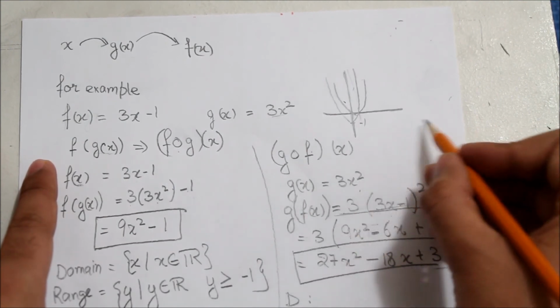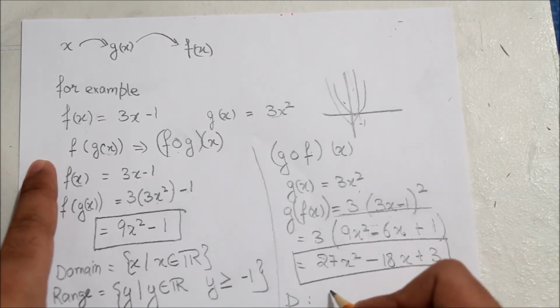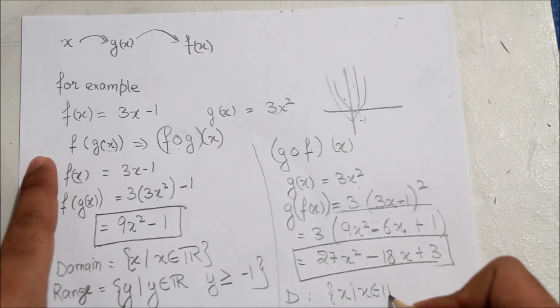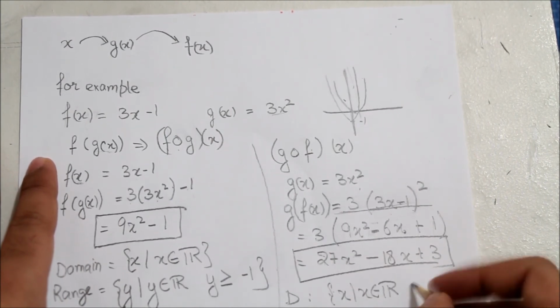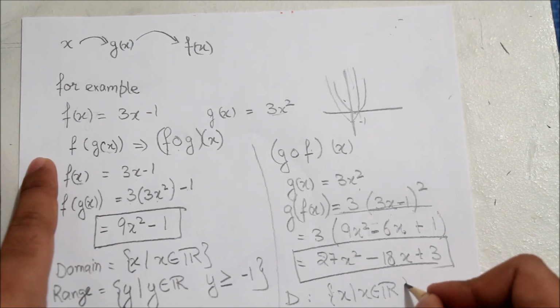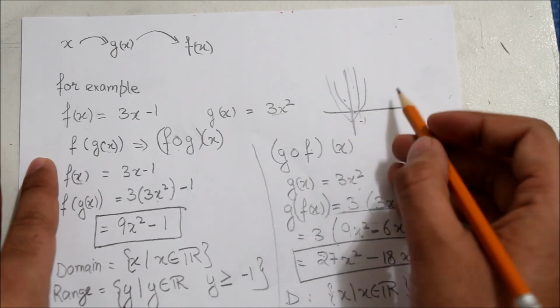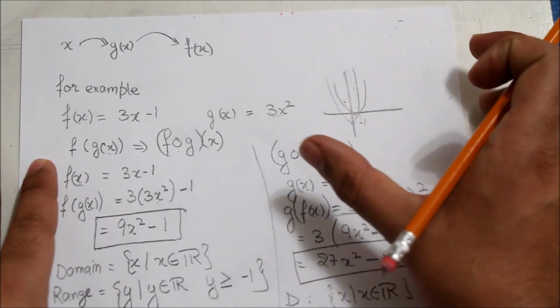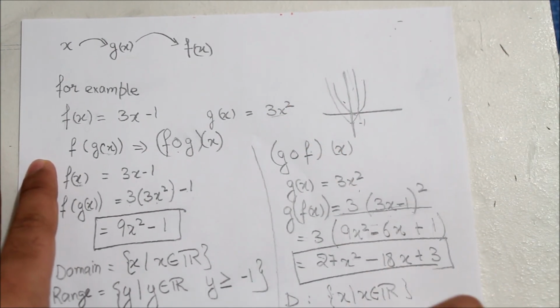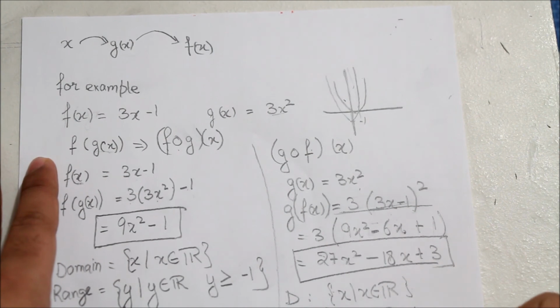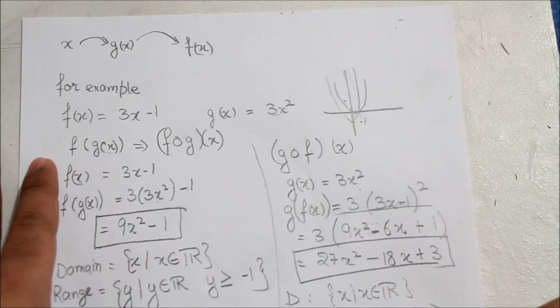That doesn't affect its range. So it's still going to be x such that x belongs to the set of real numbers, and that's it. Its range remains the same too, because it's stretched or compressed horizontally, which doesn't change its range. So it should be y such that y belongs to the set of real numbers, and y is always greater than or equal to 0.